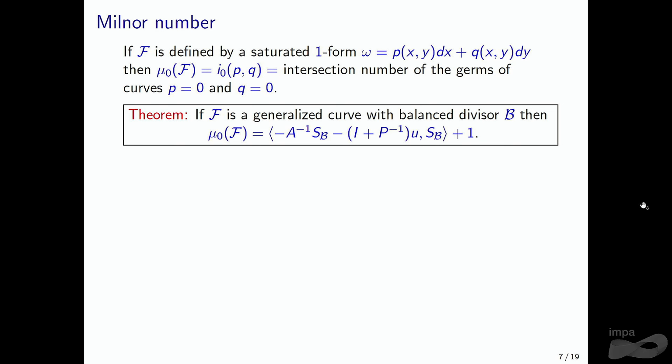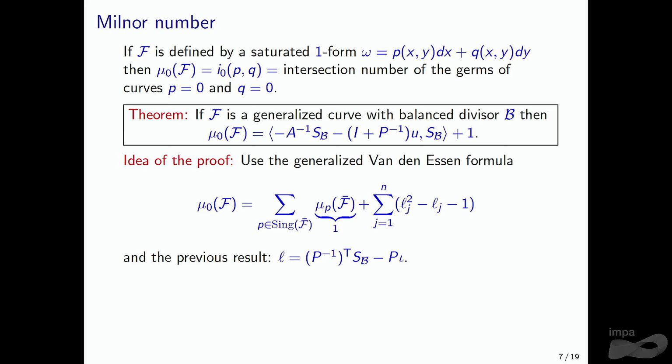And the result is that we obtain this formula, the Milnor number of F in terms of the intersection matrix, the proximity matrix, the identity, the vector U, all entries of which are 1, and the vector SB that controls when the balanced divisor meets each irreducible component of the exceptional divisor.